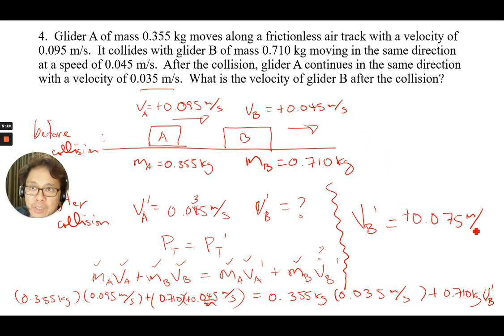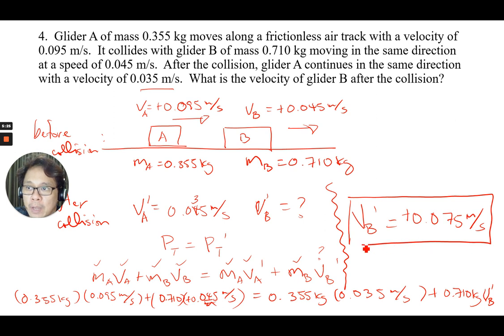The unit is meters per second. Okay, so to 2 significant figures, the final answer is VB prime. So after collision, this object here moved faster. So the momentum was transferred from ball A to ball B.